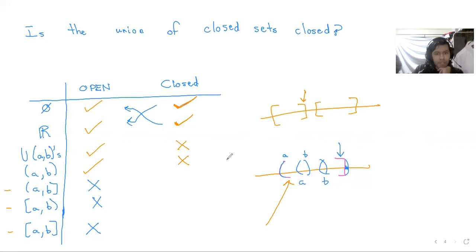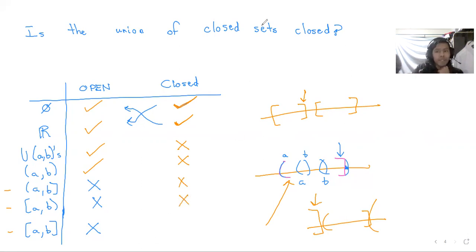And these two would be similar, where if you have A, B, well, now the complement would exclude that one and include this one, meaning we have a bracket, so their complements would not be open.